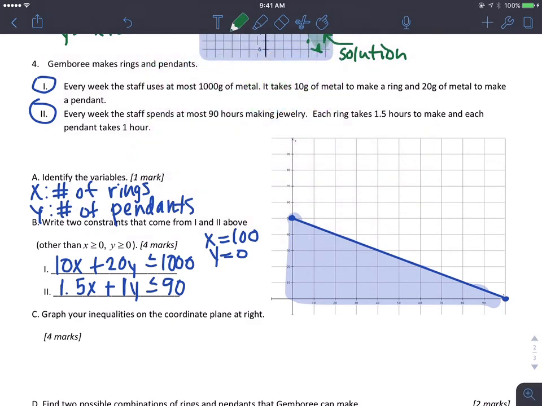So if I cover up the x, y equals 90. And then if I cover up the y, x equals 60. So x equals 60. Connect those two dots.